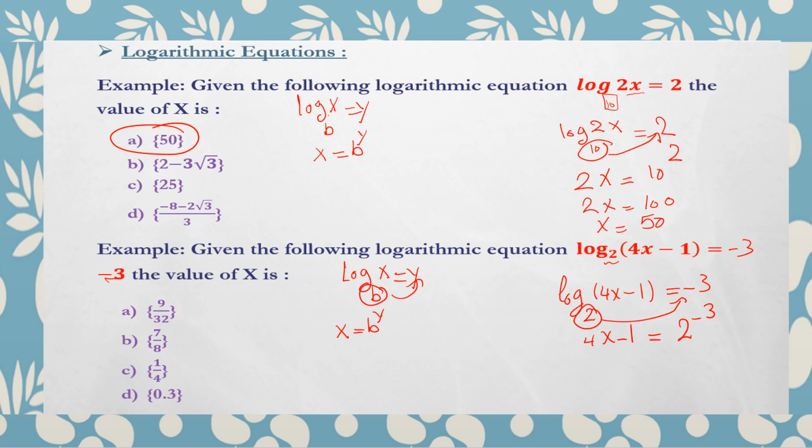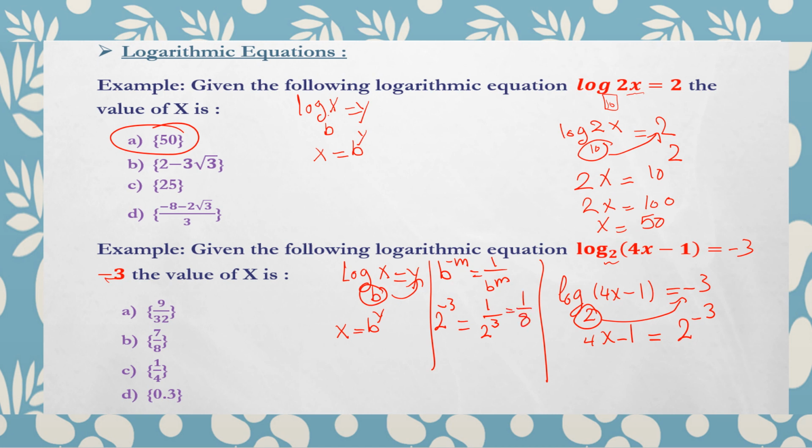And again, recalling the property of exponents that says that when we have b power minus m, this means 1 over b power m. So in this example, we have 2 power minus 3, and this means 1 over 2 power 3. And 2 power 3 equals 8, so 1 over 8.